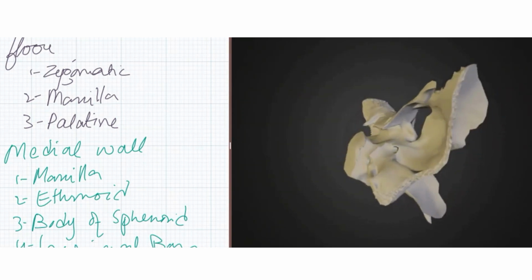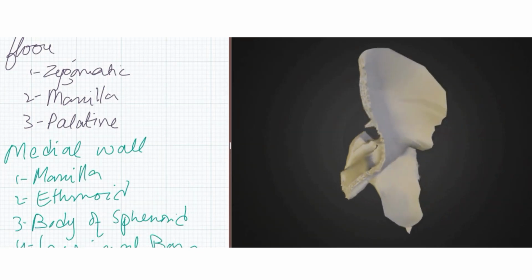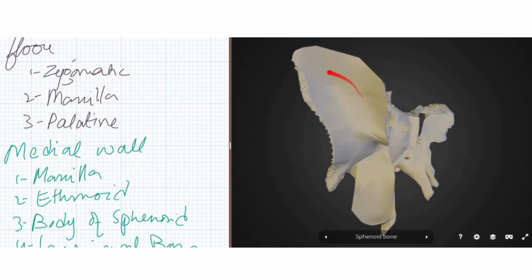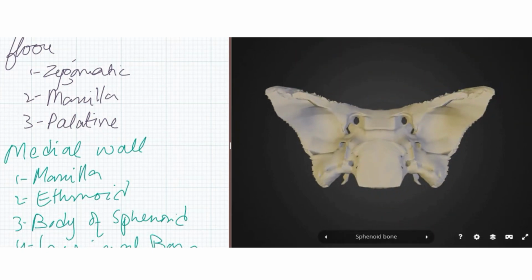Now, recall your knowledge. The medial wall was formed of the body of the sphenoid. The posterior roof of the orbit was formed of lesser wing of the sphenoid. And the lateral wall was formed of the greater wing of the sphenoid. Sphenoid bone is also known as the butterfly bone. As you can see that this makes a butterfly appearance.